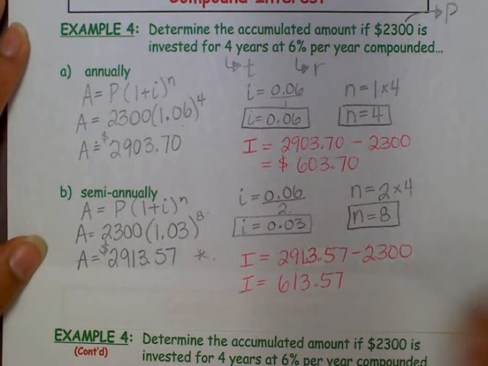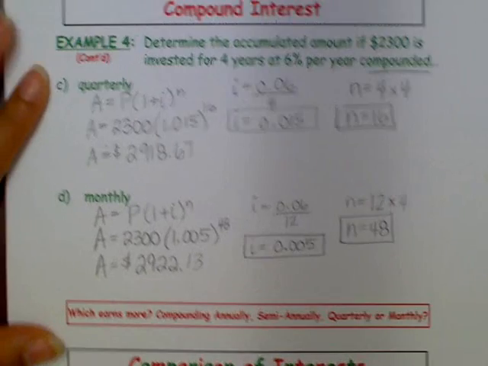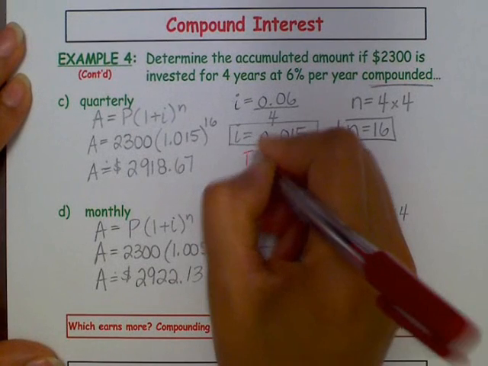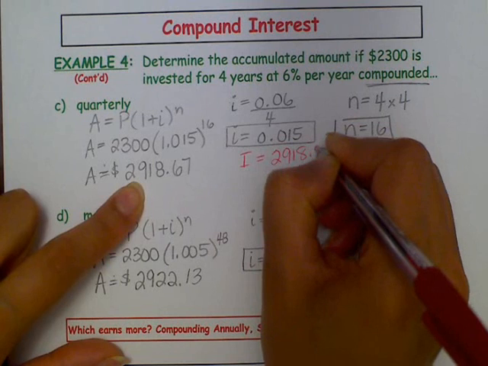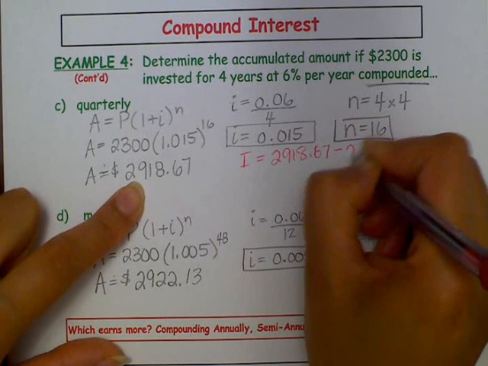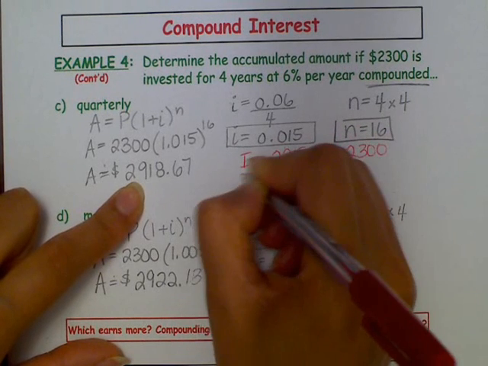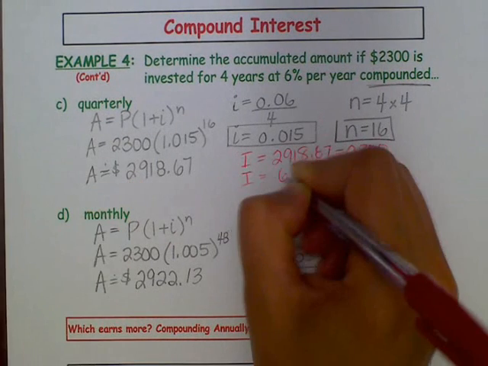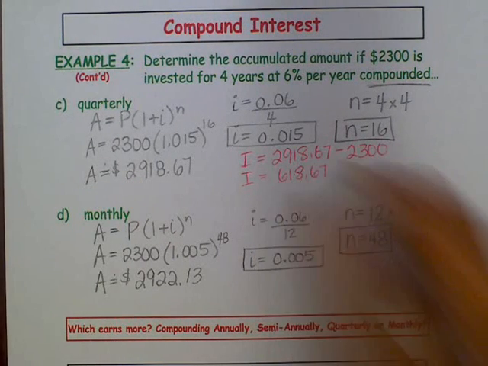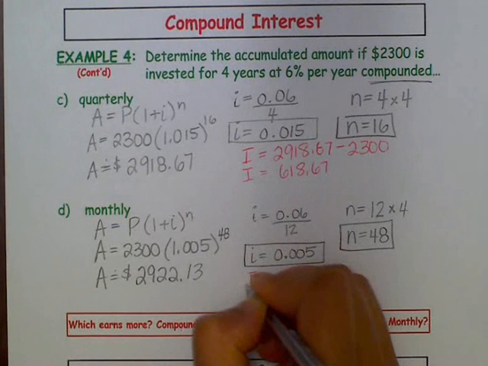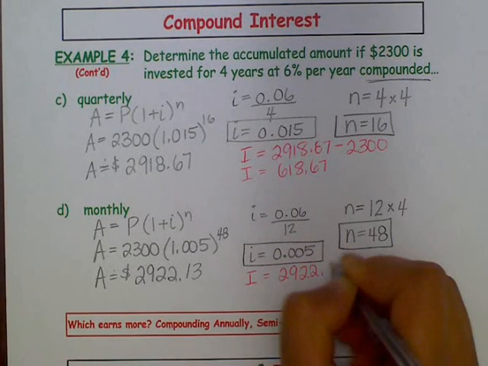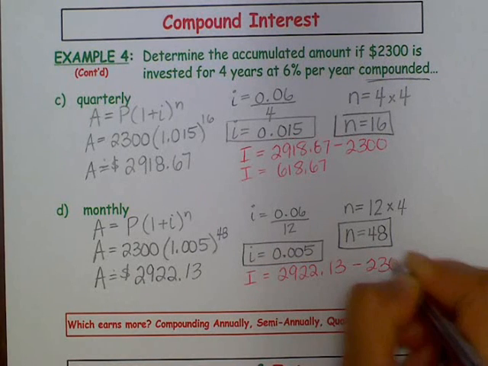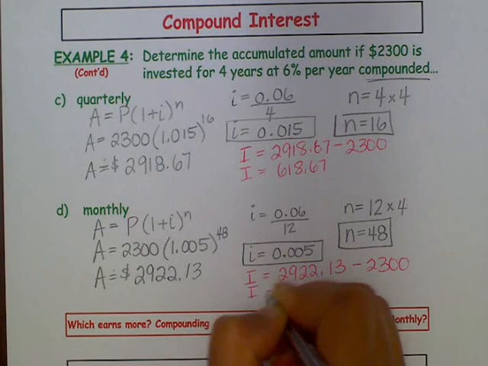The amount of interest you earned is the amount you have in the account now minus the amount you initially put in, since all that extra money came from interest. So that would be about $618.67. And I equals the amount of money you have now minus the amount you invested initially, and so that's $622.13.